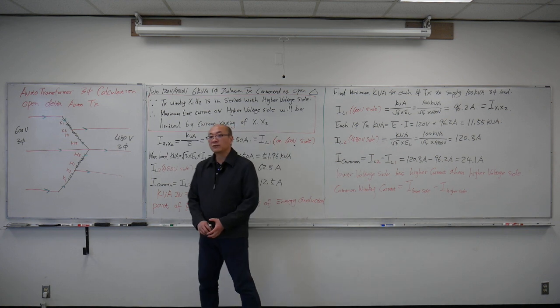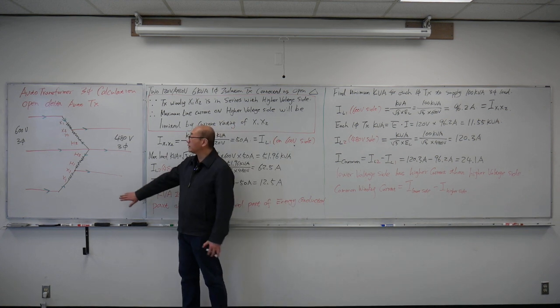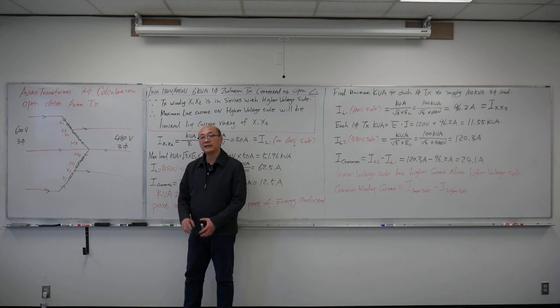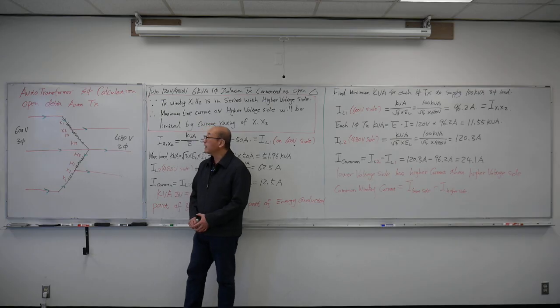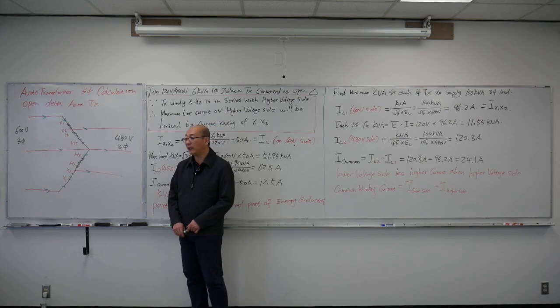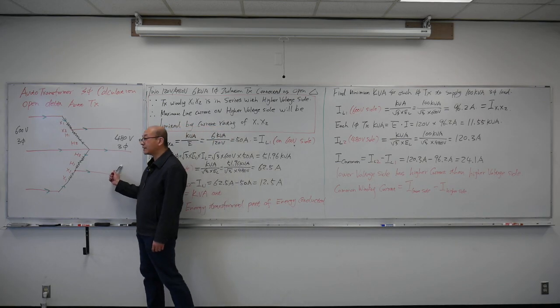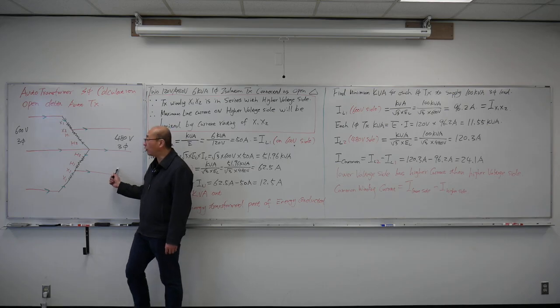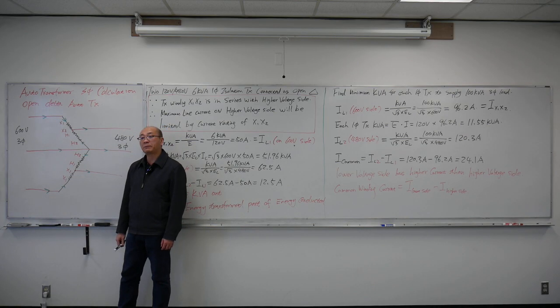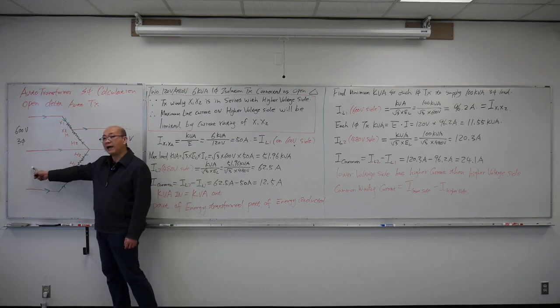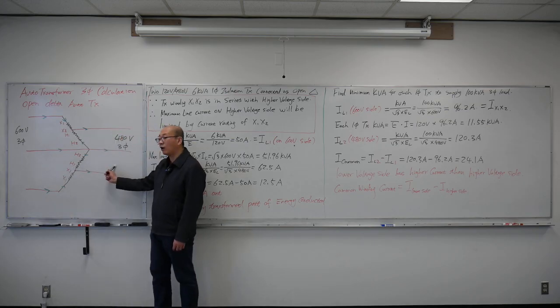After that, I just want to mention, if you look at this diagram here, I didn't tell you which side is the supply and which side is the load. So for this open delta auto transformer, I can have the supply on this side, use it as a step-up transformer, and put my load on that side, or I can use it as a step-down transformer, put my supply on there, and put my load on here.